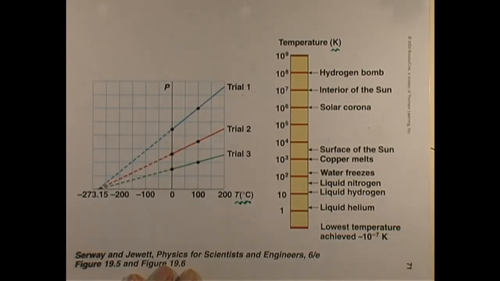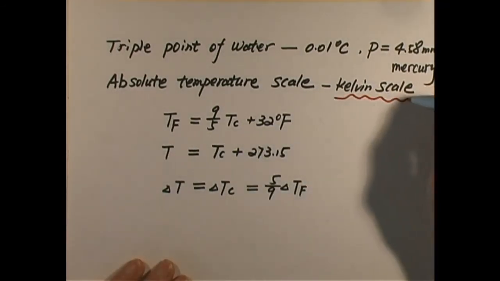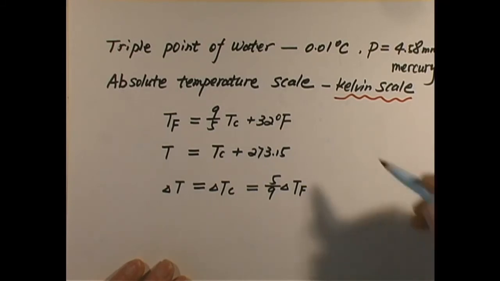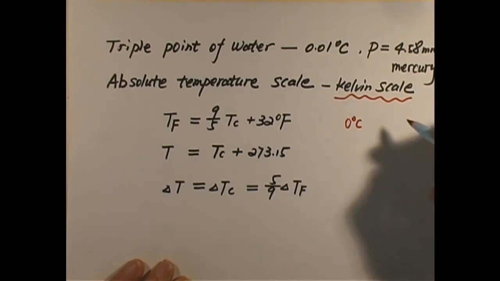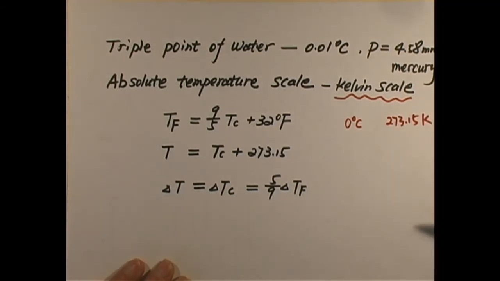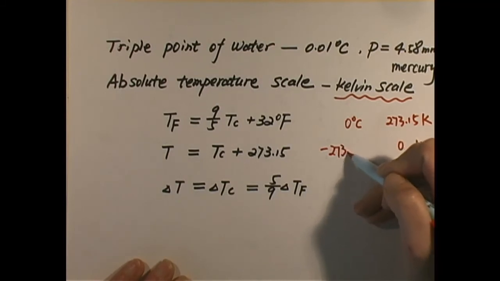So now, let's take a look at exactly what this absolute temperature scale is and what a Kelvin is. The absolute temperature scale, we name it the Kelvin scale. And how do we define it? When Celsius is 0 degrees, the Kelvin is 273.15 K. Or if we have 0 degrees Kelvin, then the Celsius reads negative 273.15.